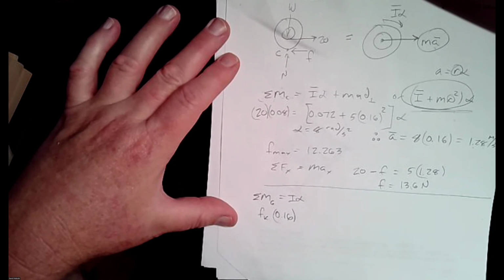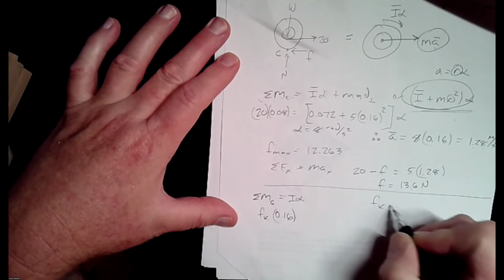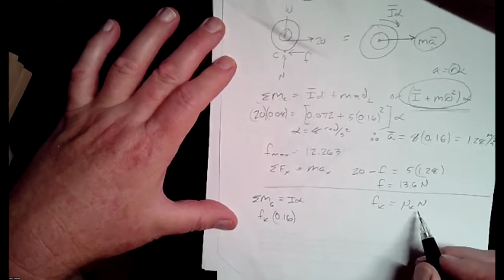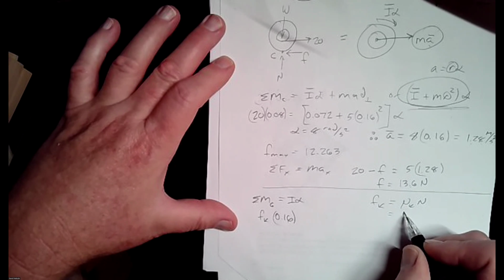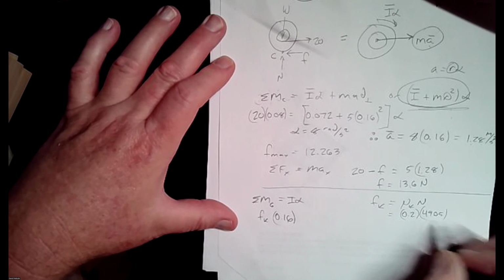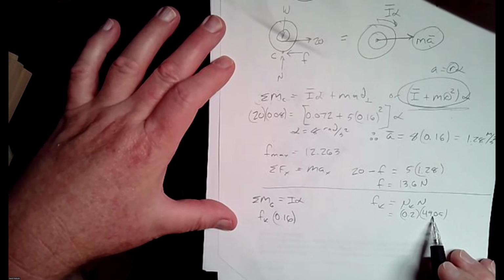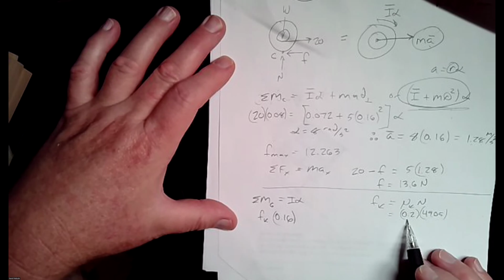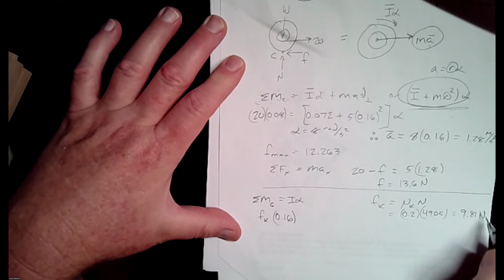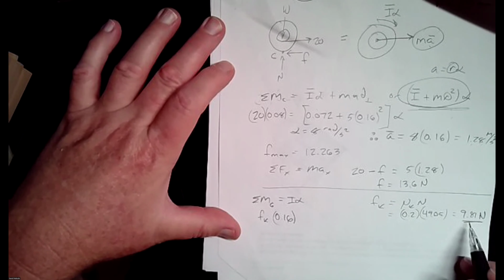Because the kinetic friction is just equal to mu kinetic times N. So that's going to be what? It's going to be 0.2 times 49.05. But remember, when we did gravity in the first place, we multiplied gravity by 5. Now we're multiplying by 1/5, so we're going to get 9.81 newtons. Just a weird coincidence, not gravity.